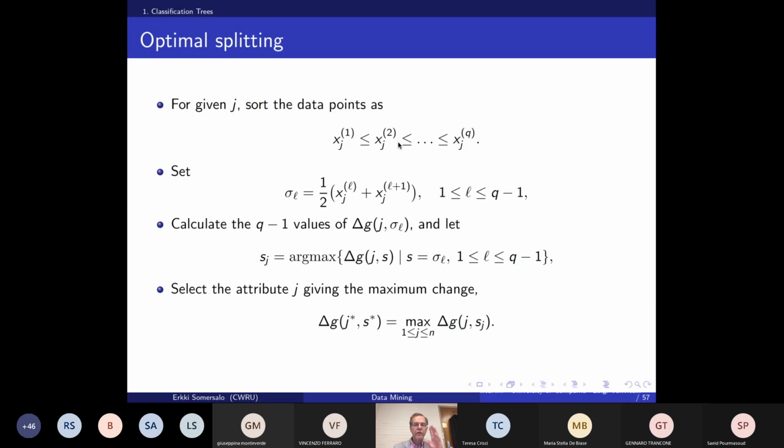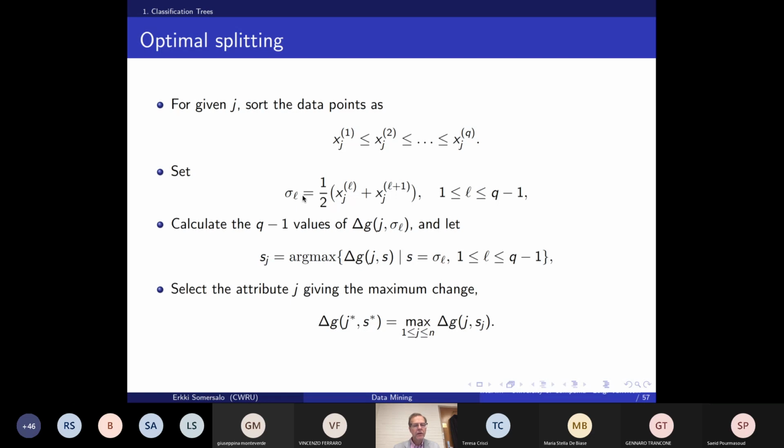If you have x1 and x2 having the same component, you just remove that value so that each value is only given once, because we are really interested only in these values of the attributes, not how many times they are represented by the data. And then we choose these sigma L's to be in between the values of adjacent points xl and xl plus 1. And so you have finitely many of these.